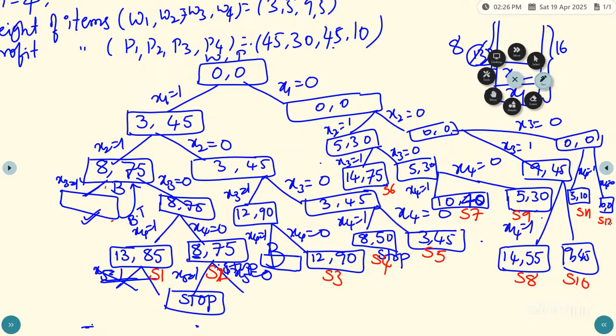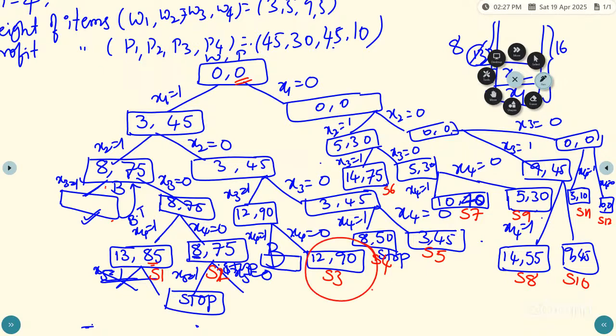From 0 0 to x1, up to solution 12, the second factor is the profit. Here it is 85, here 75, here 90. Our intention is maximum profit: this is 75, this is 90, 50, 45, 40, 55, 45, 10, 0.